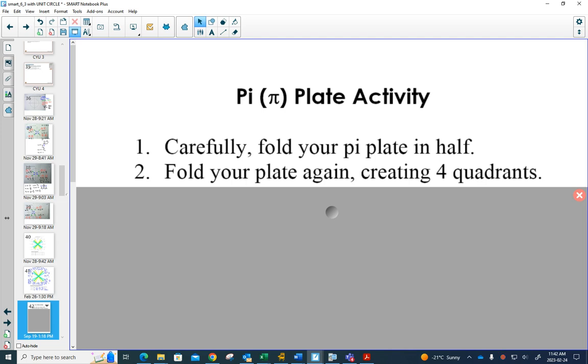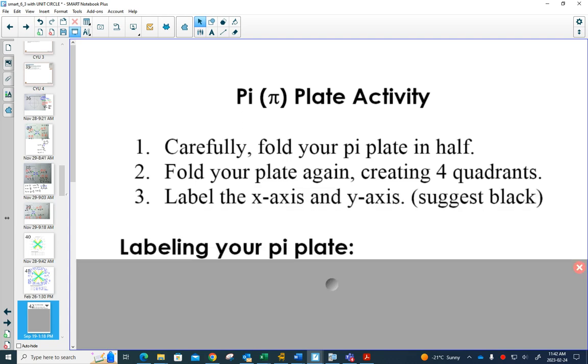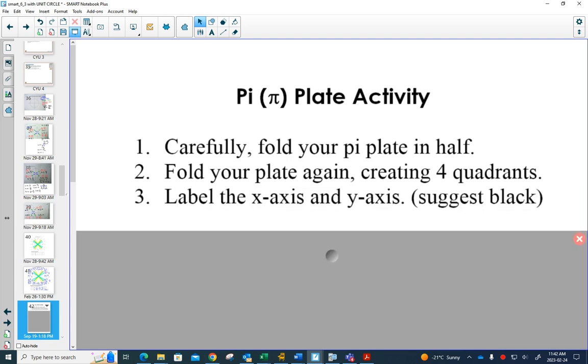So what we're going to do is we're now going to, right, these folds that you have made, your axes families. You can use whatever colors you want. Some people like to make their axes families in black. You know, some people use different colors.